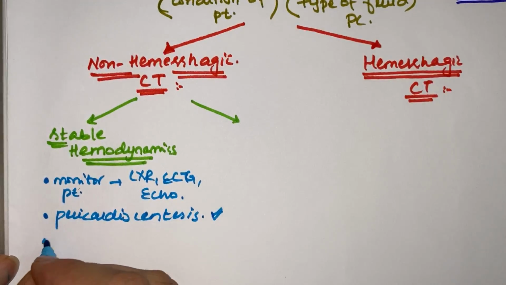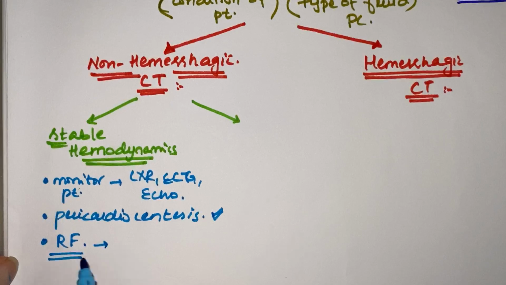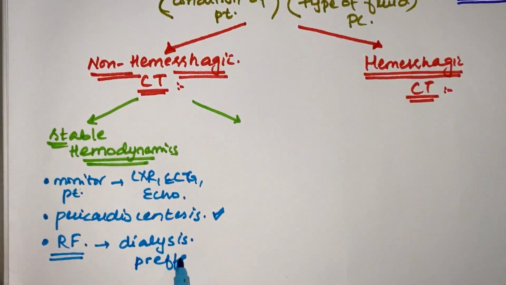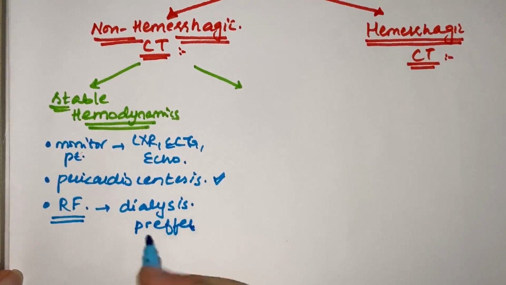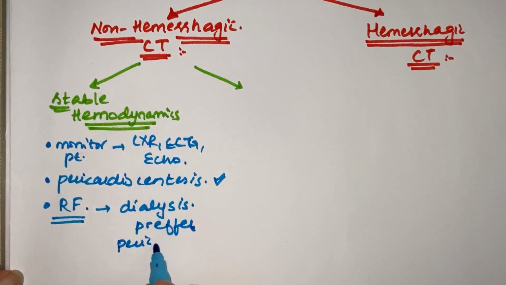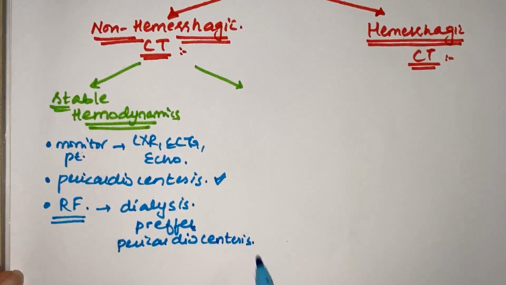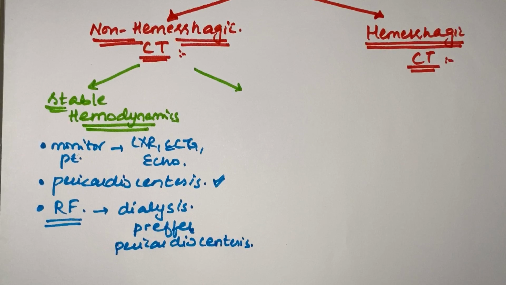And if the patient has renal failure or any kidney disease, then we prefer dialysis over pericardiocentesis for drainage of the fluid. This is a very important point; someone can ask you. This is for the patient who is non-hemorrhagic and stable.